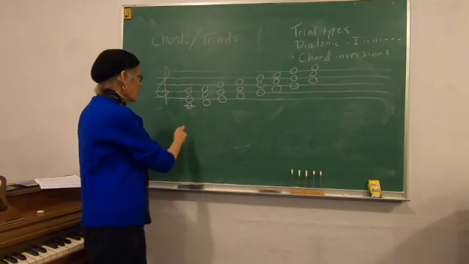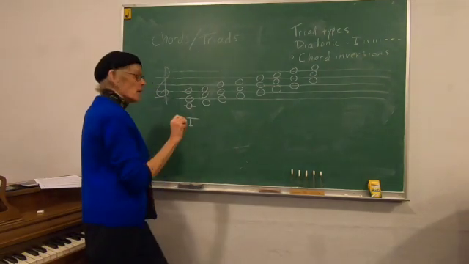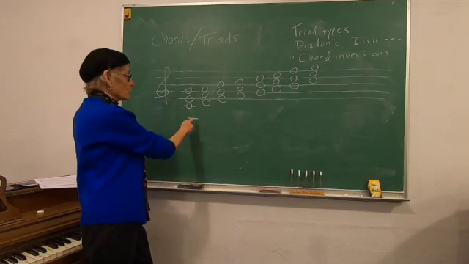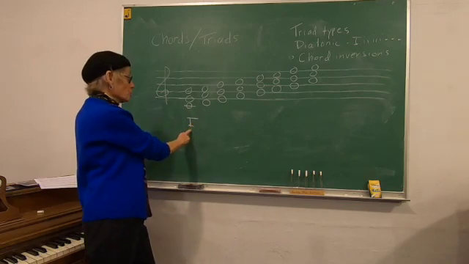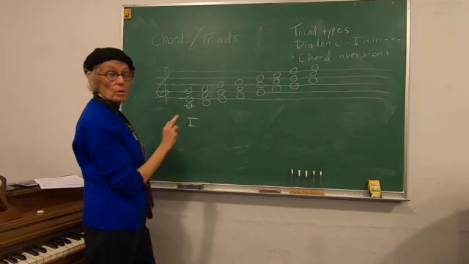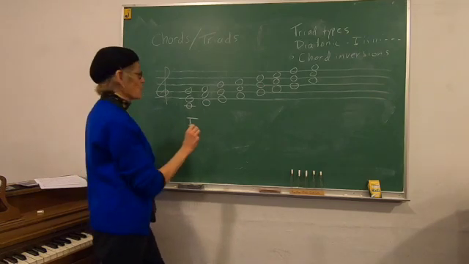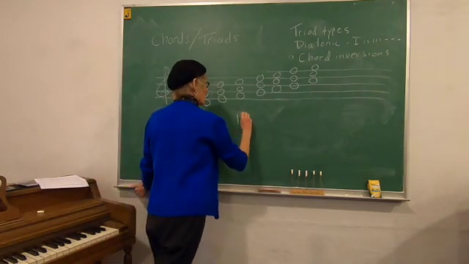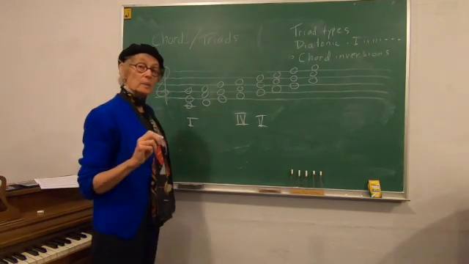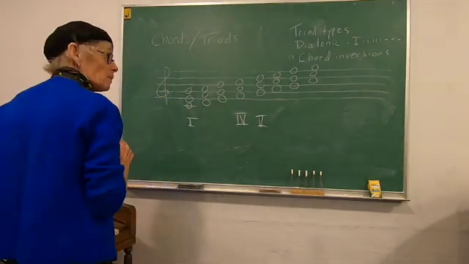In our diatonic system of analysis, we use Roman numerals. For major chords, we use an uppercase Roman numeral, and for minor chords, we use a lowercase Roman numeral. In the scale, I'll play them all for you right now.